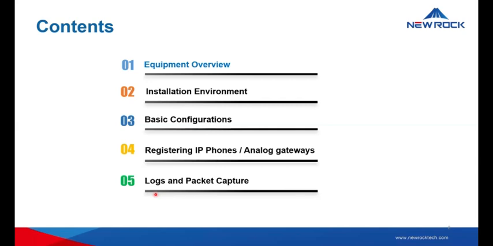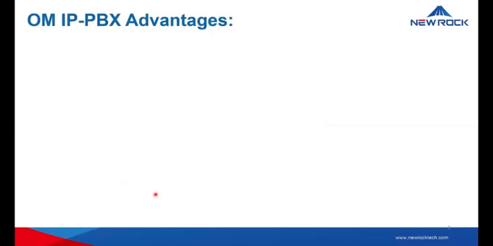Okay, so let's go with the first one. We will go over the OMIPPBX advantages. As we all know, our OMIPPBX is an all-in-one IP telephony system. It has PBX, recording, voicemail, and fax over IP.